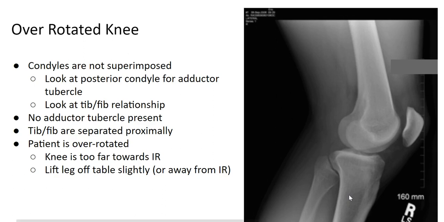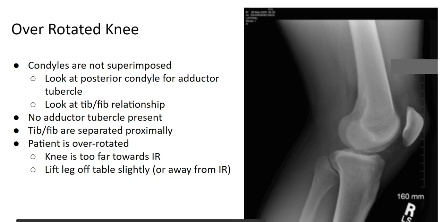If you have separation of the tib-fib, that is another clue that you are over-rotated. So what you need to do is lift that leg slightly away from the image receptor. And it's very slight. Maybe you turned them to 92 degrees instead of 90. So these adjustments are very slight. Okay?